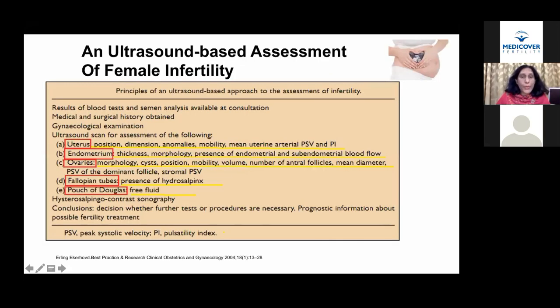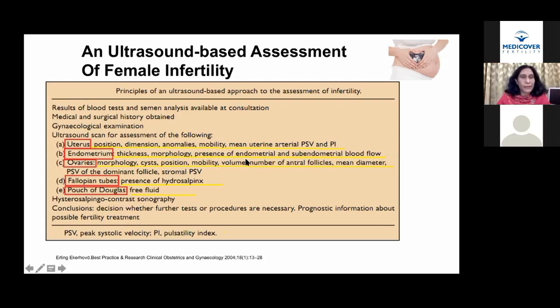So what do we do when we do a fertility assessment? We'll look into different options. The first most important is the uterus. Then we look into the endometrium. In all this, we look into their thickness and their morphology.